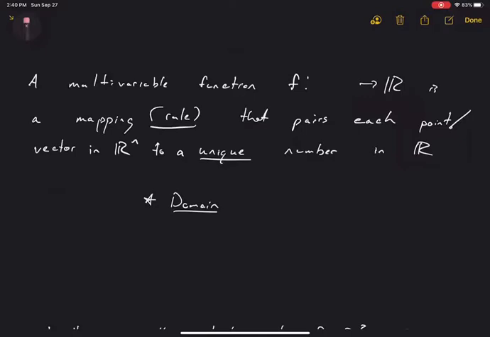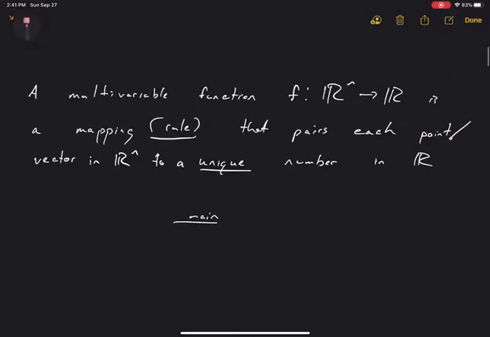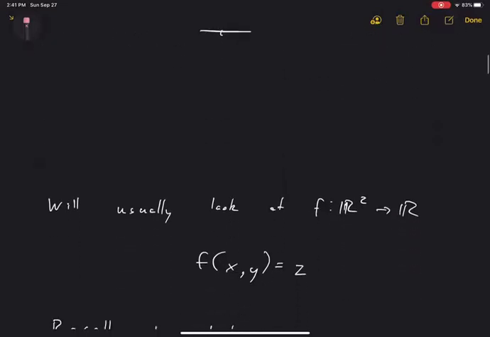Maybe it's just going to be on some subset D of Rn, which will be the domain, but we'll talk about that later. This is a nice first definition for our multivariable functions.